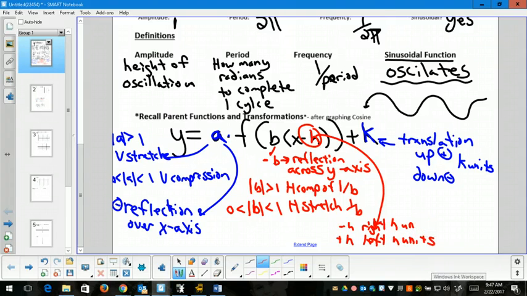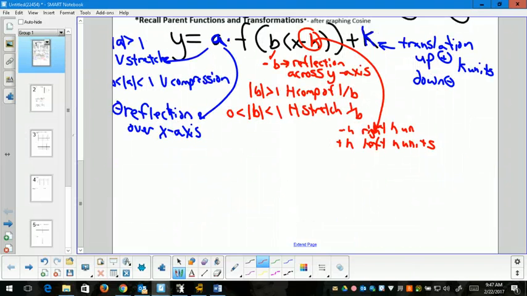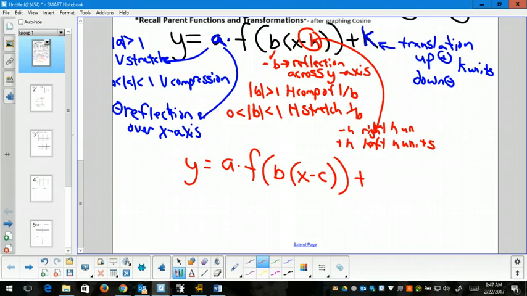We're going to approach this the same way when we do our trig functions, but instead of calling them H and K, the book calls them C and D. So instead of looking like this, our trig functions' transformations will look like this according to the book. But C is the same as H, D is the same as K.